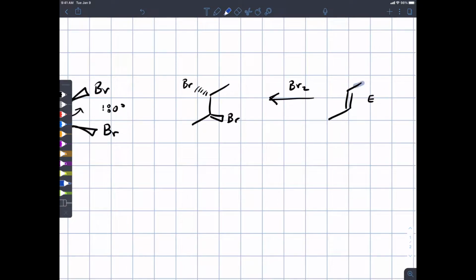So if we draw the carbons in the same orientation and shape they were with the original double bond, then when we see the Brs on opposite sides, one pointing up towards us, one pointing down away from us, then we can say, yes, this is the anti-product of this starting material.